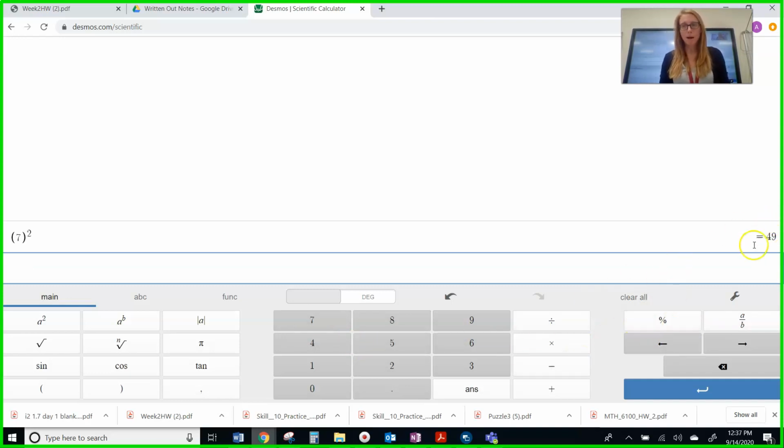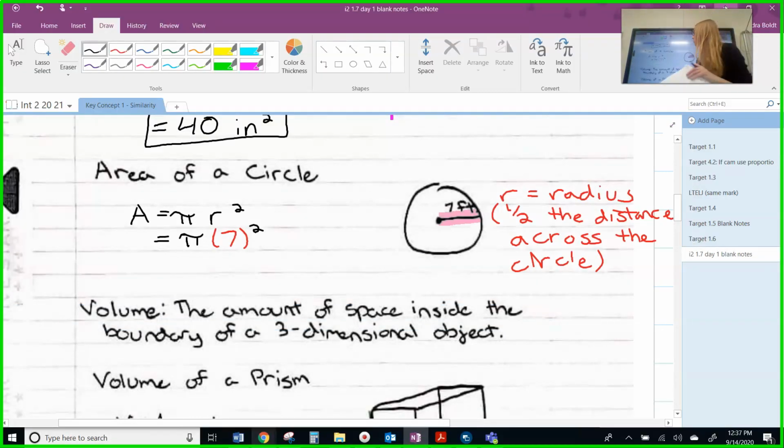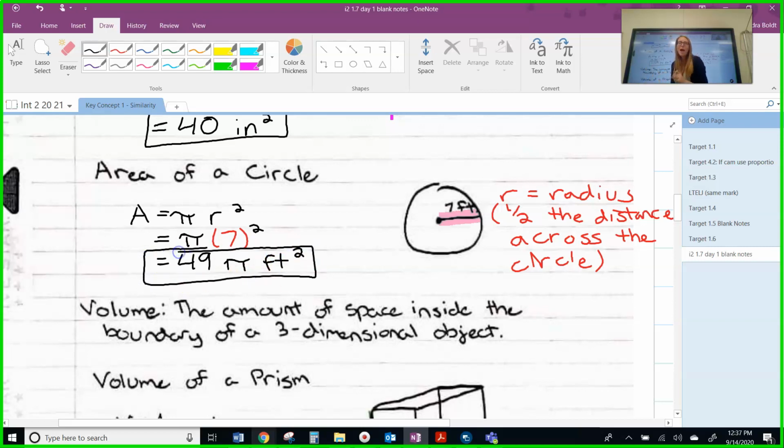I'm not going to type pi in, so I just get 49. And the pi comes down. And this is in feet squared. That will be true anytime we have a pi in our calculation. It just doesn't get typed in the calculator, and then you just write it next to your answer.